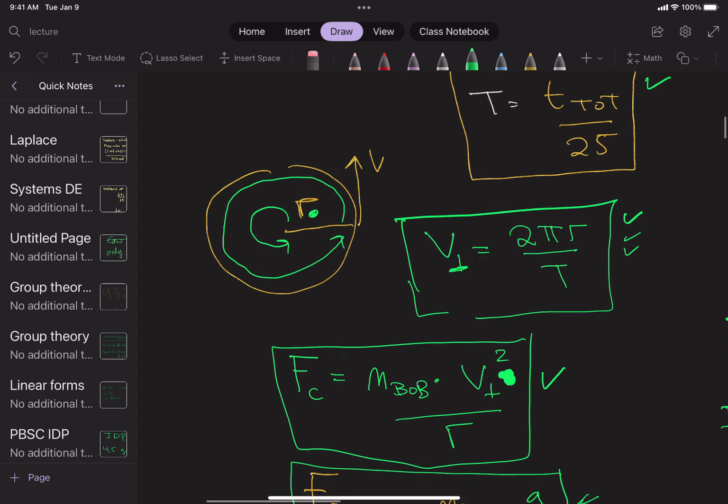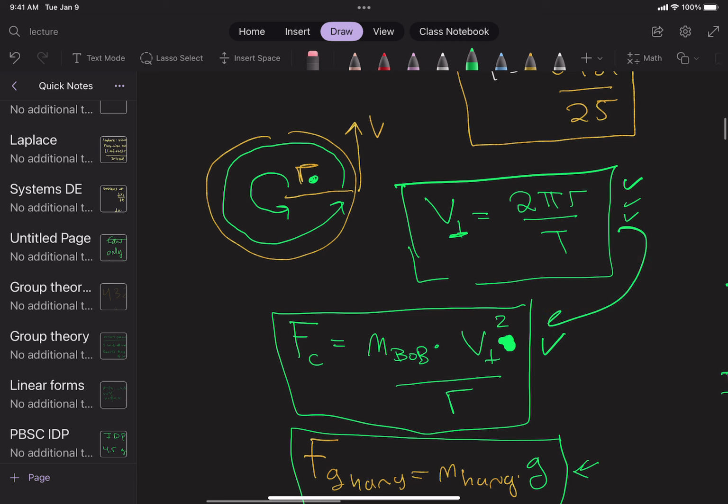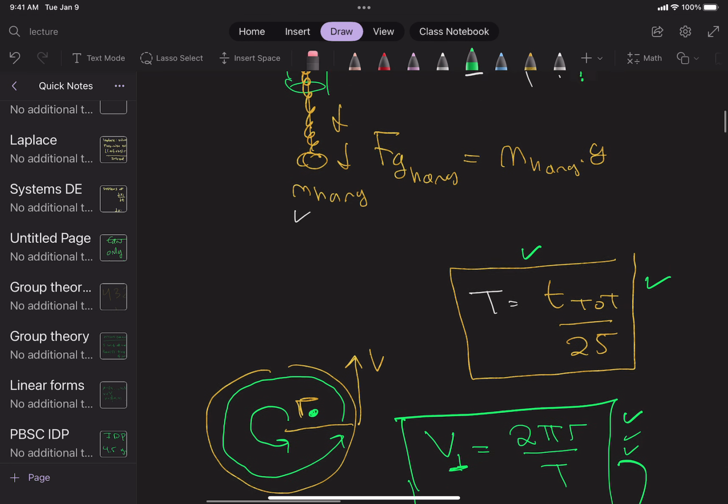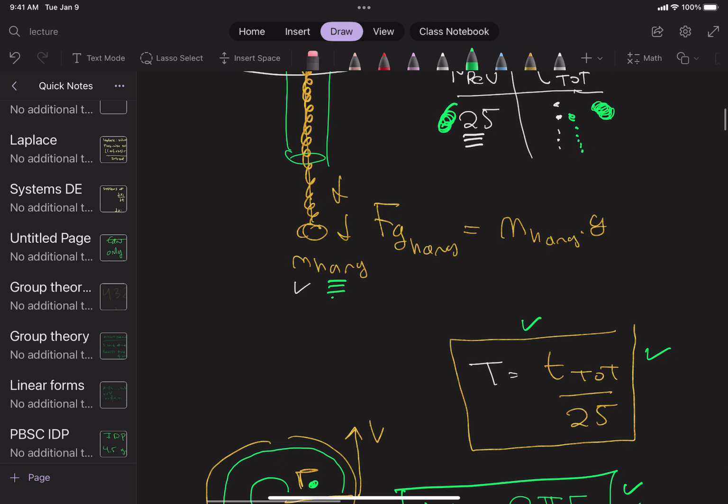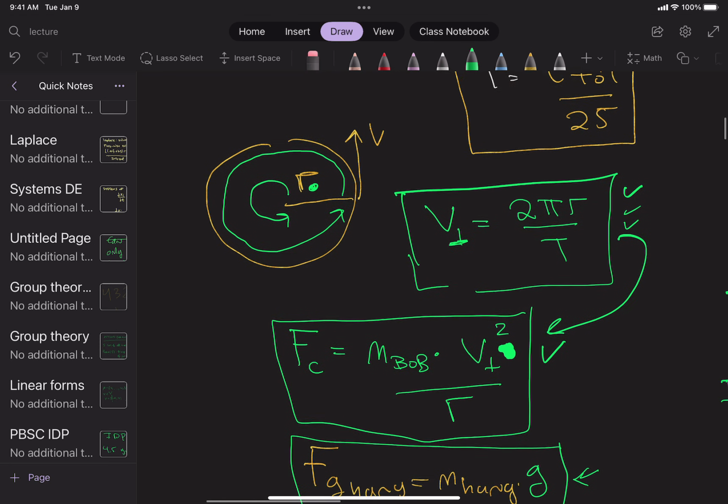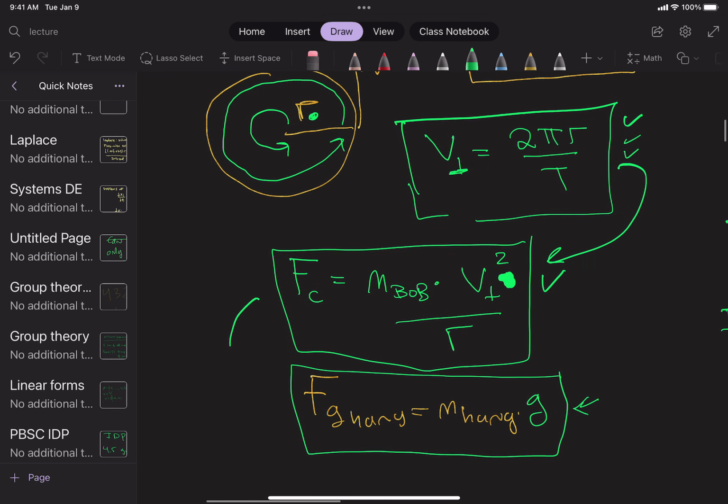And once you've gotten the velocity, then you can plug that into this equation to get the centripetal force. And next, you can also get the centripetal force using the weight of the hanging mass. And you'll complete the experiment by just comparing these two, by taking a percent difference between those two values. So that completes the theoretical discussion for the centripetal force lab.